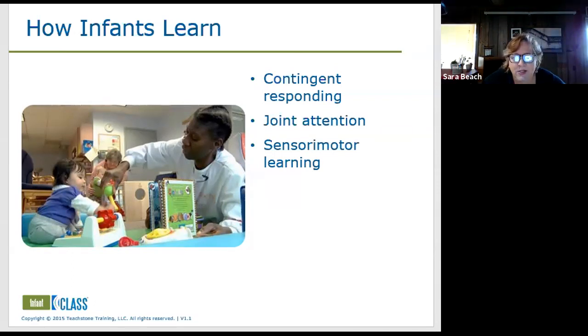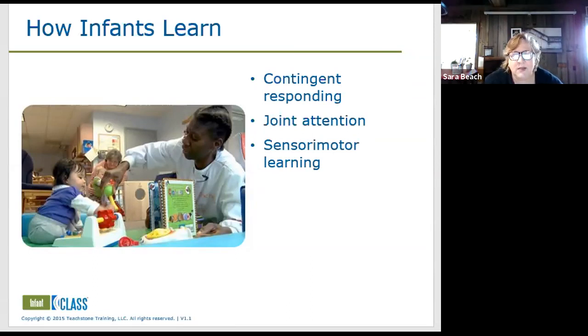Joint attention is what helps infants begin to understand that objects in the environment exist in their own right, that there are names for these things and categories for different kinds of things. That understanding is really a precursor to language development and greater knowledge development about the world and their environment.